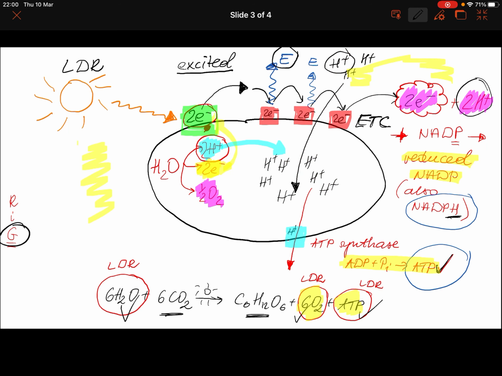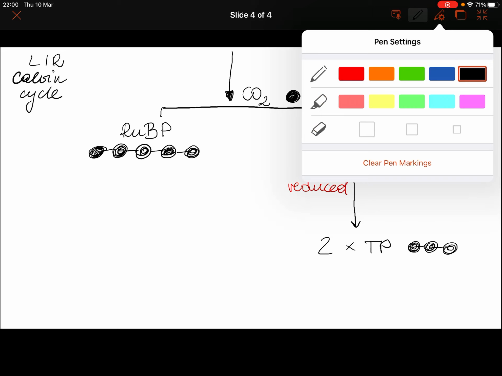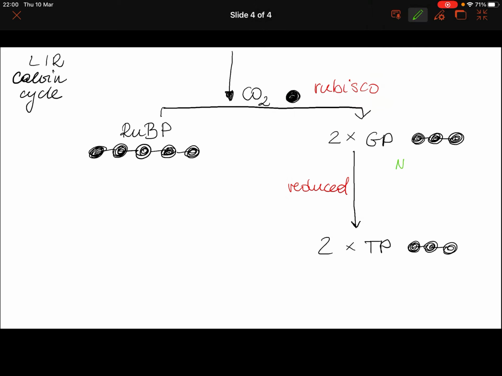Reduction is gain of hydrogens or electrons. This is where our products from the light-dependent reaction will be quite useful. As we can see, we've got here the reduced NADP, which carries hydrogens, and that's its job. That's the job of the coenzymes. So our product from the light-dependent reaction, reduced NADP, will be essential here.